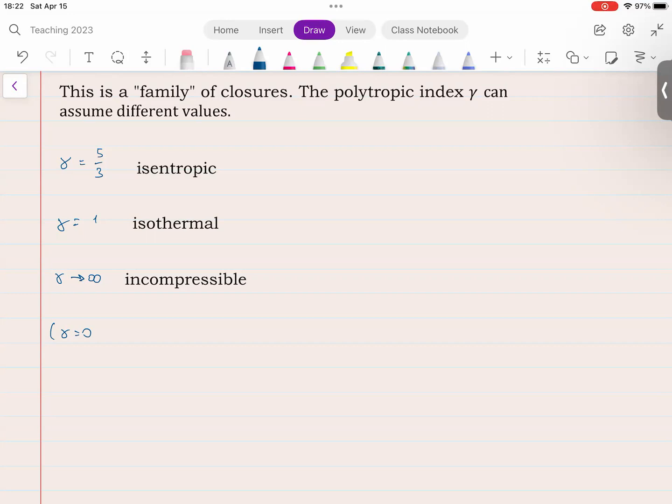But again, I don't think that this is used anywhere in plasma. That would be constant pressure or isobaric. But as far as I'm concerned, we could pretty much forget about this one.